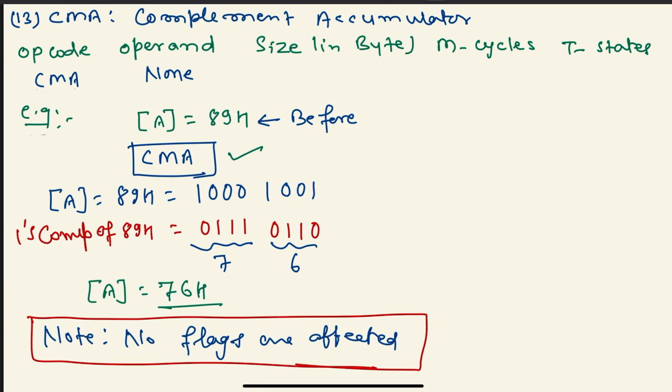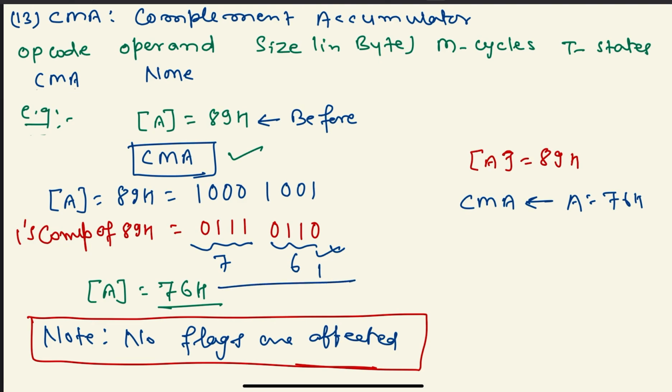For example, if I want to find the twos complement of data, let's say the accumulator has 89H, and when we write CMA, after execution the accumulator content becomes 76H. Now if we add 1 to its LSB, it will become the 2's complement of the given data 89H.